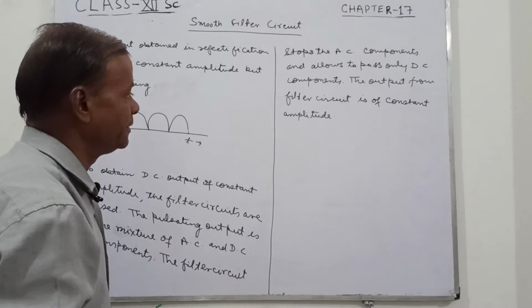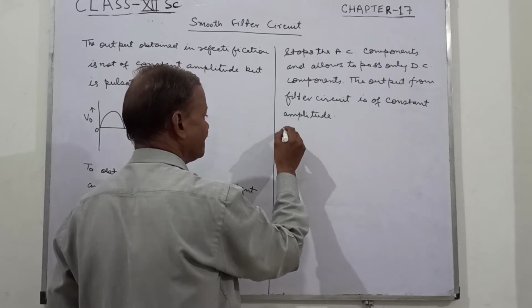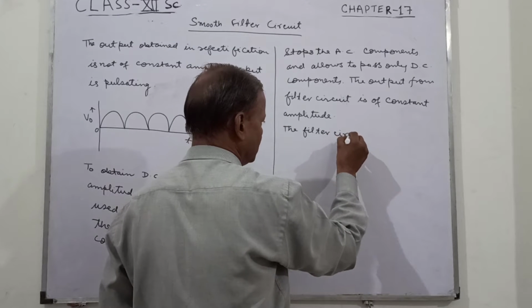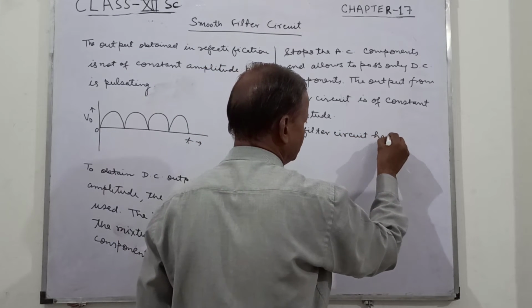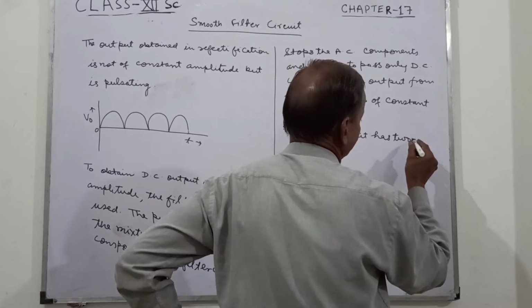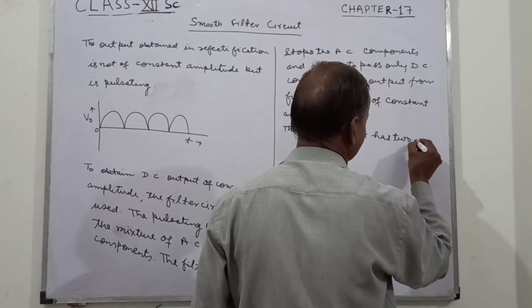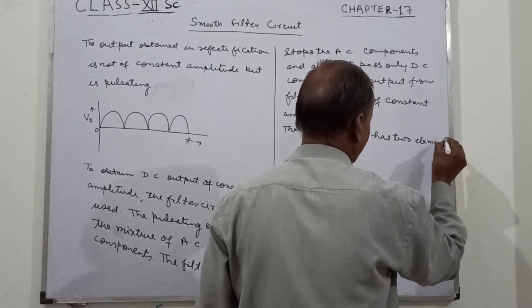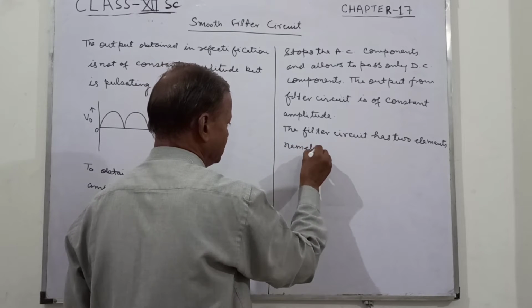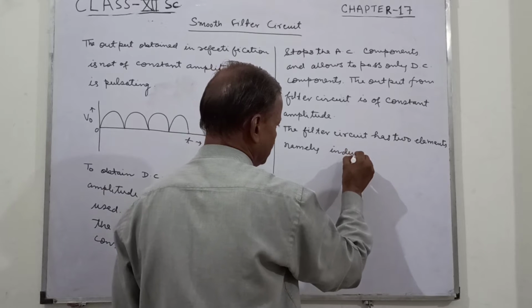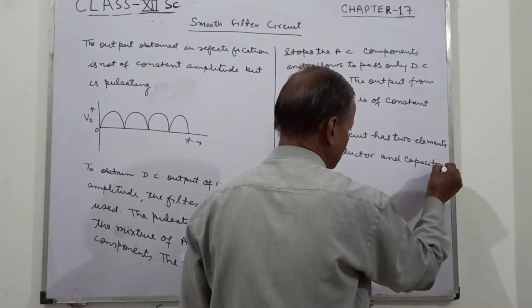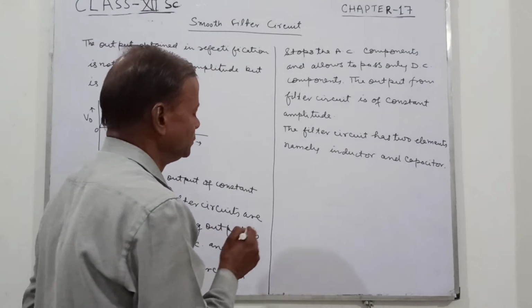So in the filter circuit, what we have is that the filter circuit has two elements, namely inductor and capacitor. So this is like this.